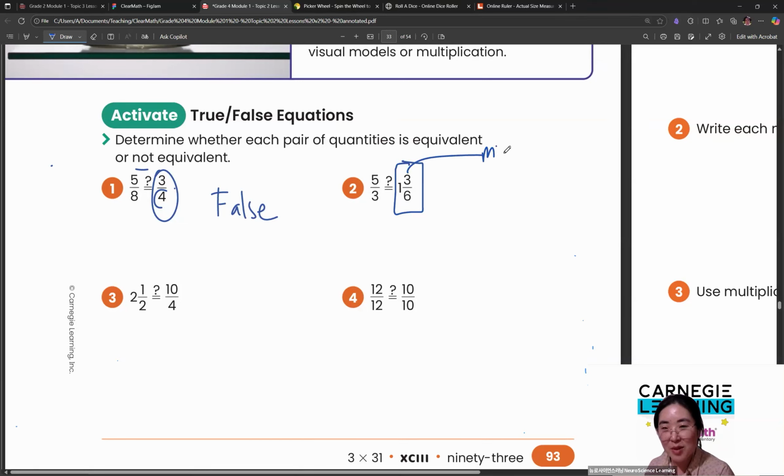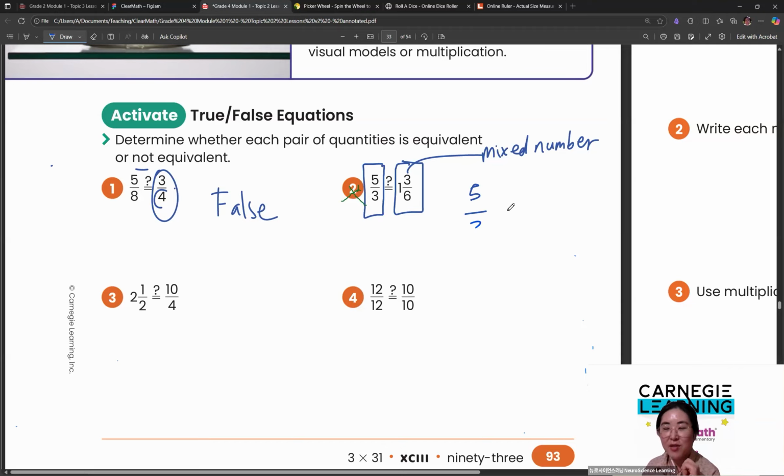Number 2, here we have a mixed number because we have one number and a fraction. This is called a mixed number. False. I want all of you guys to write down in your notebooks, how do you write 5/3 as a mixed number?